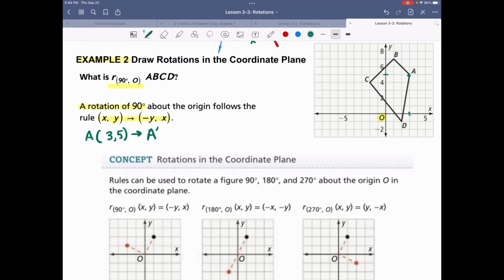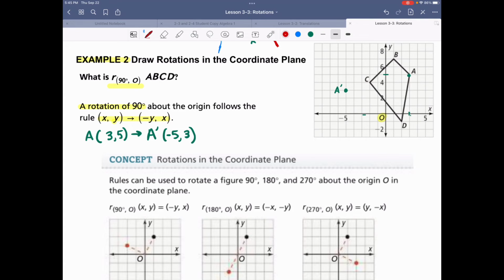What we're going to do is switch the coordinates x and y, so it's going to be 5, 3, but then we have to make the y opposite. So we make it negative 5, 3. And then we will plot that point. So I'm going to go negative 5. I'm going to go up 3, and that's our A prime.